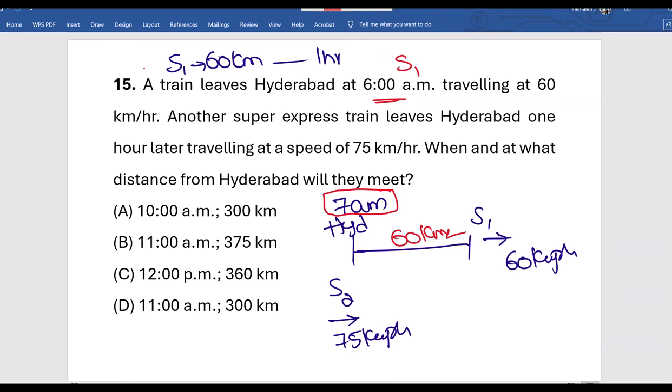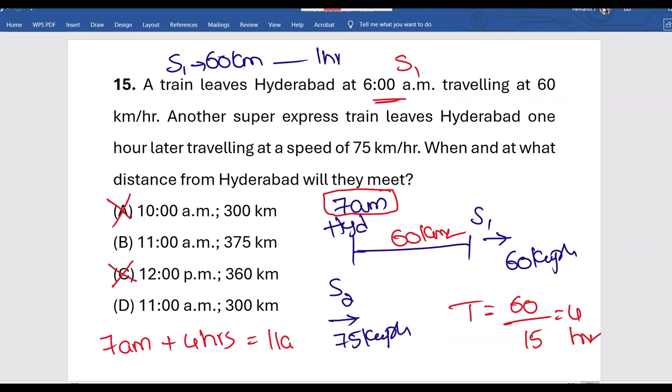Now time is distance by speed. Relative speed: 60 divided by 15, the difference. How much time? 4 hours. 7 a.m. plus 4 hours is 11 a.m. They are going to meet at 11 a.m. But my dear friend, distance please.